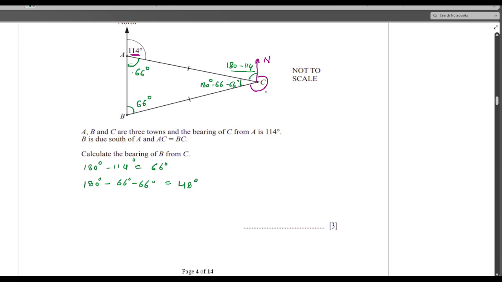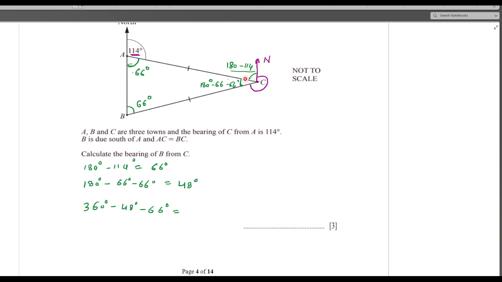Now out of 360, the bearing of B from C will be 360 degrees minus 48 degrees minus 66 degrees. Basically we are subtracting this angle and this angle.